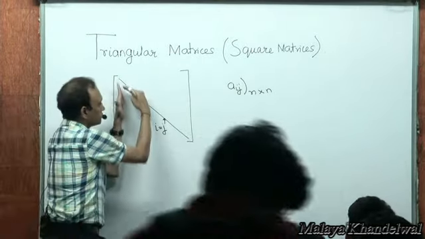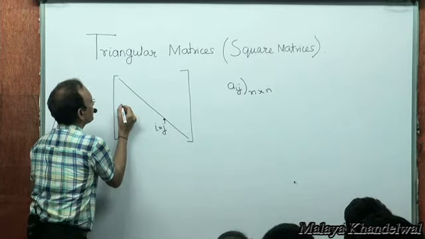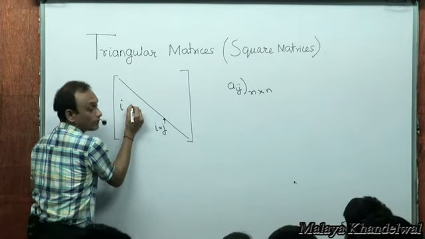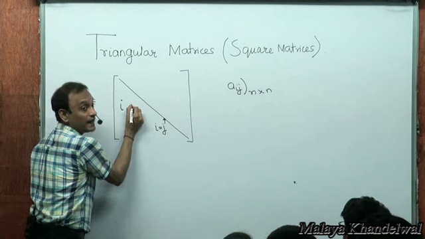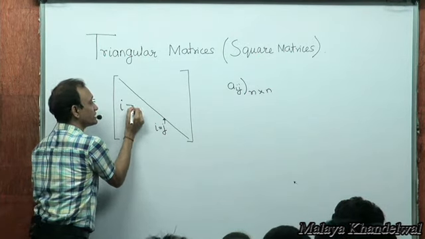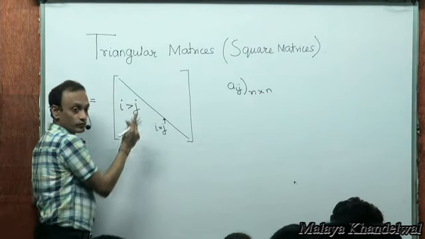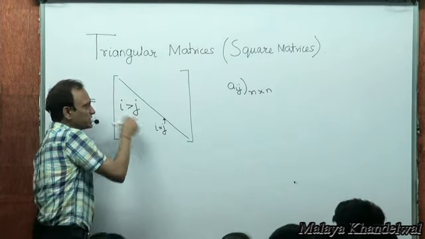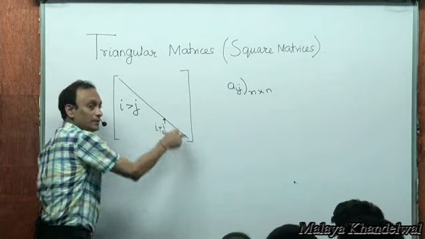Below the diagonal, we have I greater than J. Yes or no? I will be greater than J for elements that lie below the diagonal.